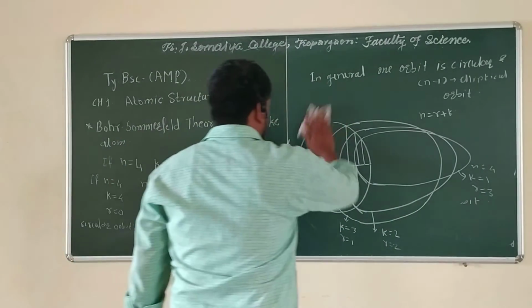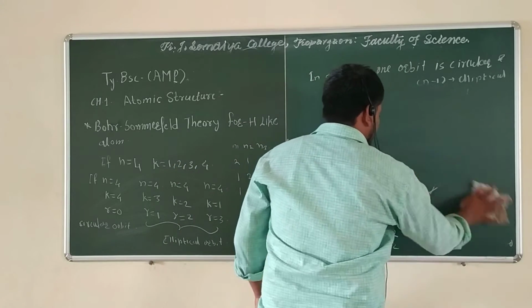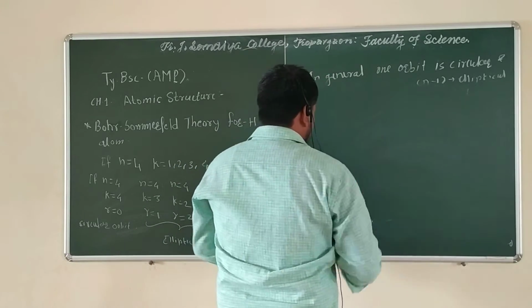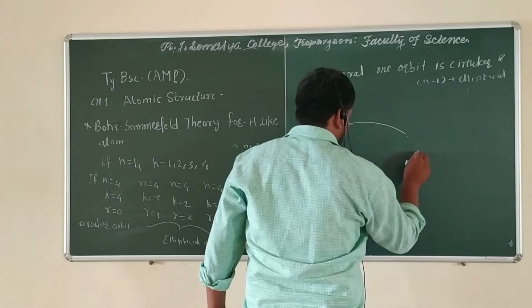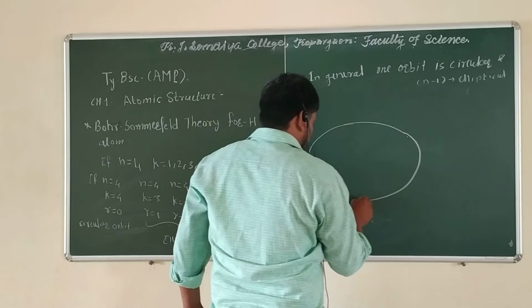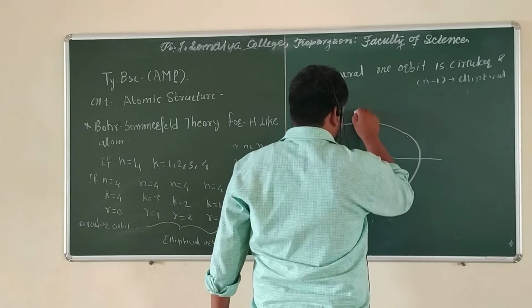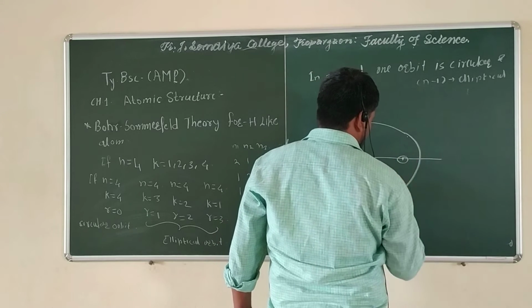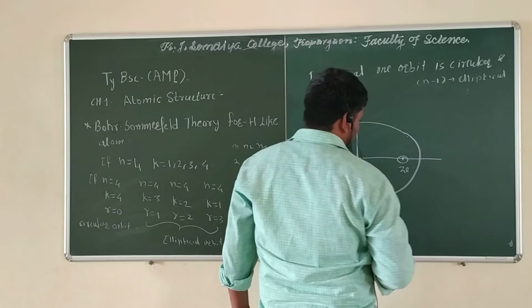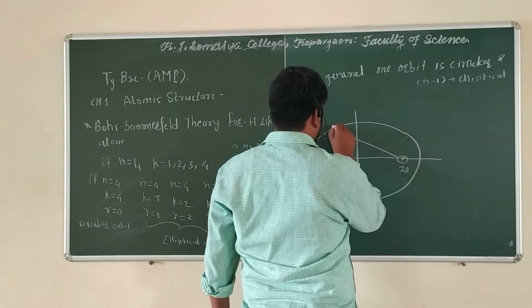Okay, suppose we consider the orbital shape here. Suppose this is the semi major axis, this is the semi minor axis, and suppose your nucleus has a positive charge here, at one of the foci. And suppose your electron position is here.